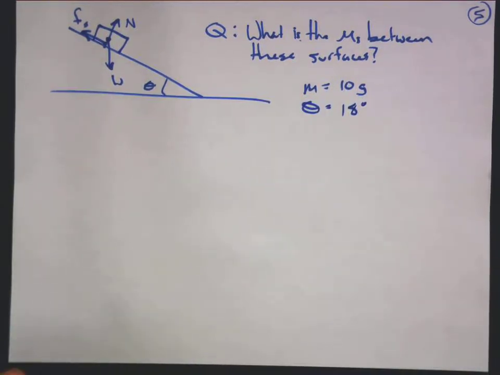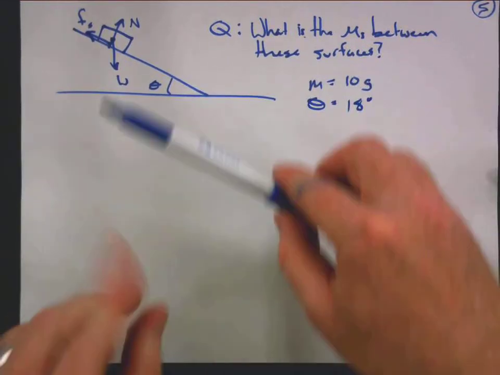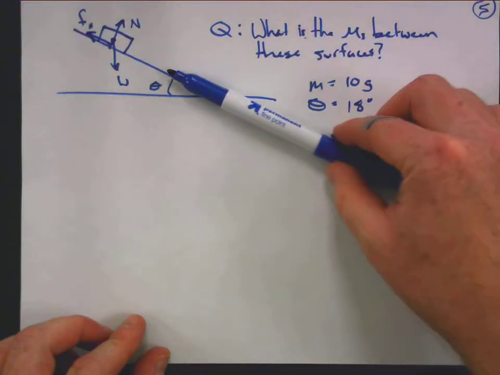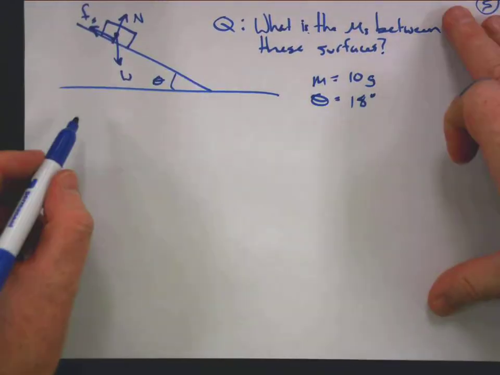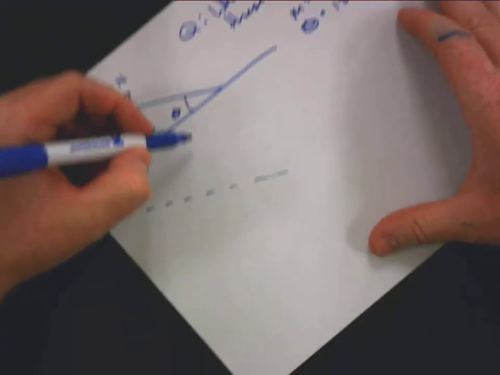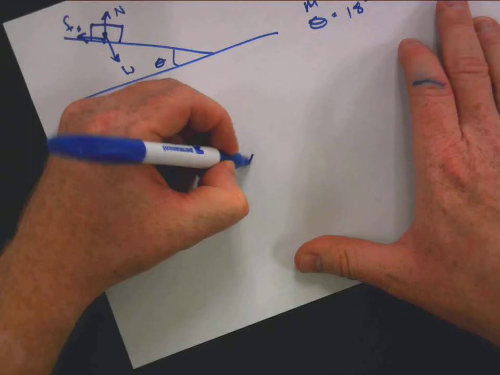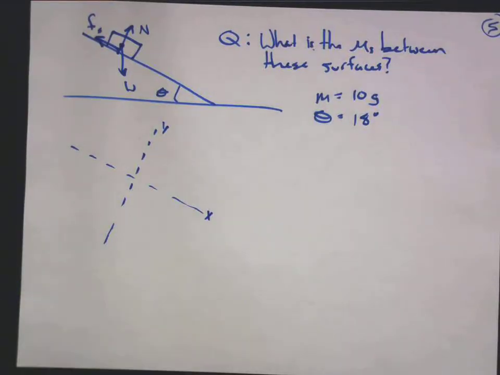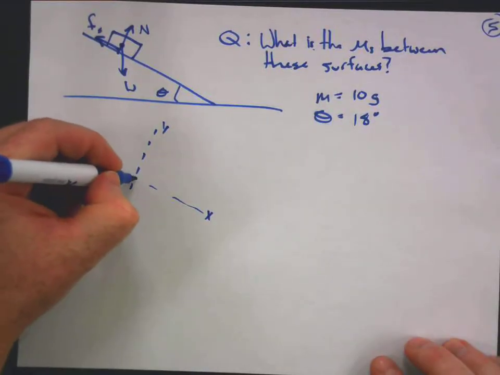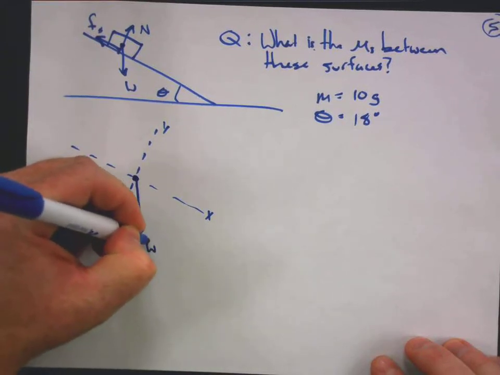And so, of course, I need a free body diagram. This should have some axis parallel to that surface. I'll make that the x-axis. And my y-axis is perpendicular to that. Y, x. Okay. Get my forces drawn on my free body diagram. Weight.